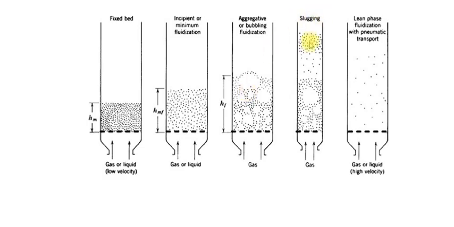In slugging fluidization, particles stick together, so you have slight voids inside the bed. Here the density of the bed is lower, here the density is again higher, and here you have bubbles also. This is called slugging.